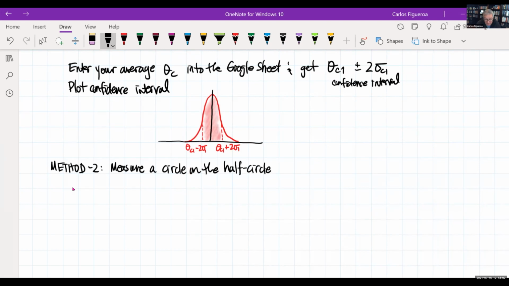And here's your half circle. And your half circle has some paper. And that paper is rough here.